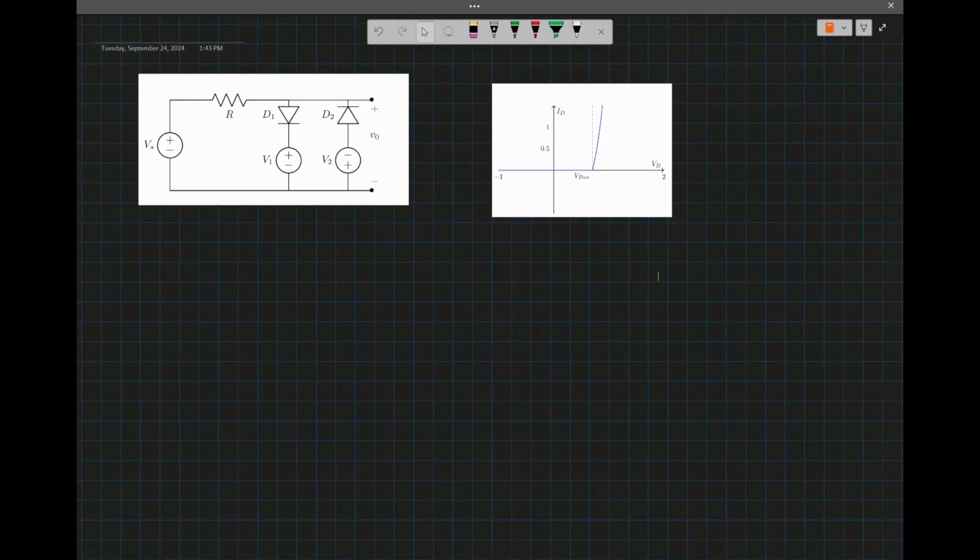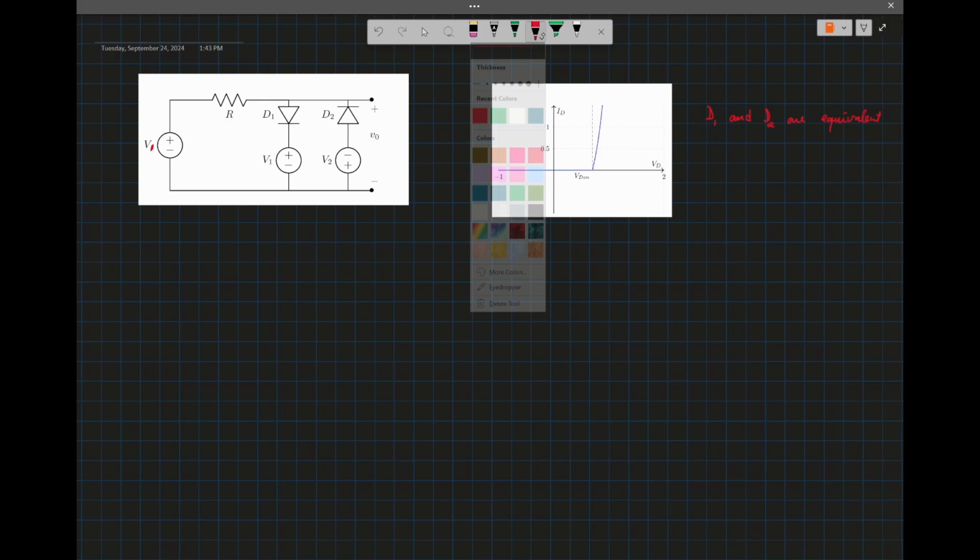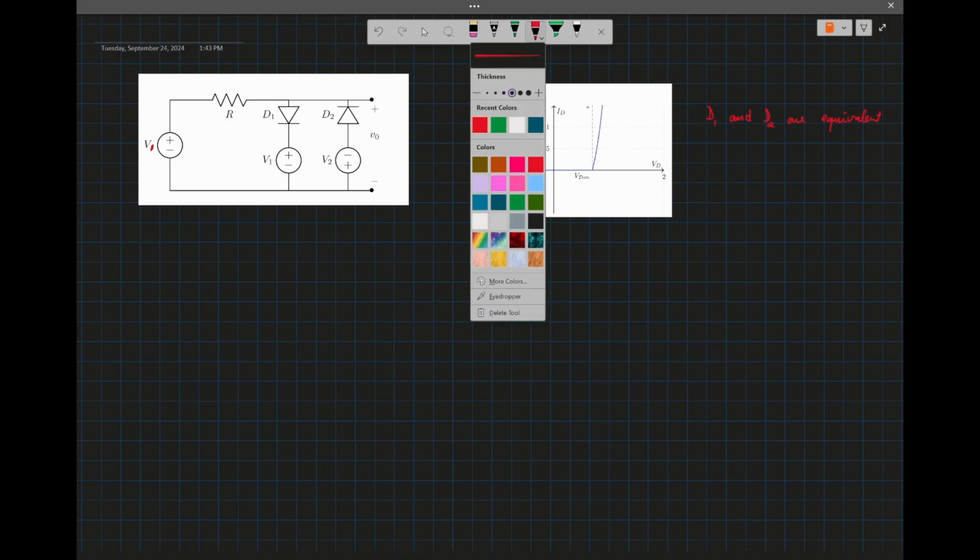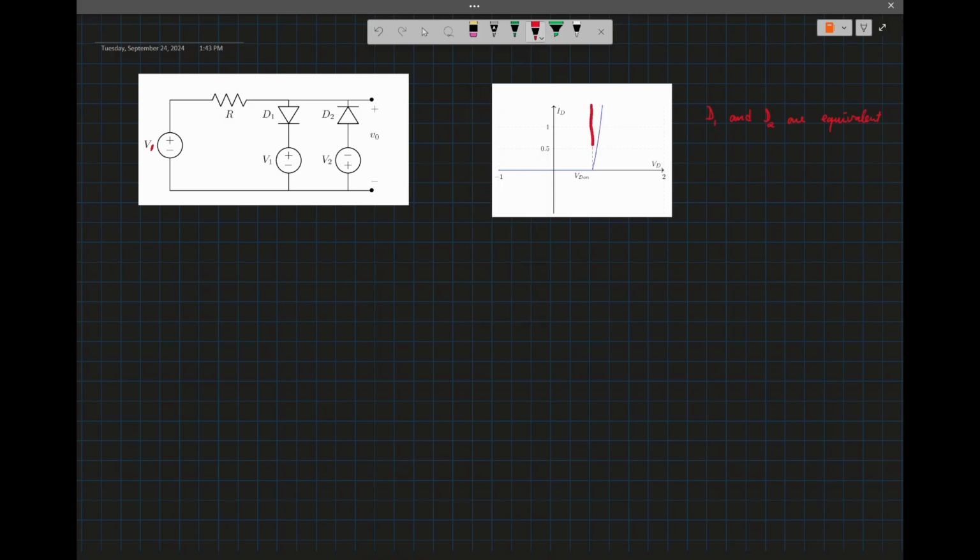For this circuit that involves two diodes that are equivalent, like so, diode 1 and diode 2, equivalent. So the characteristic of this diode will look like this.